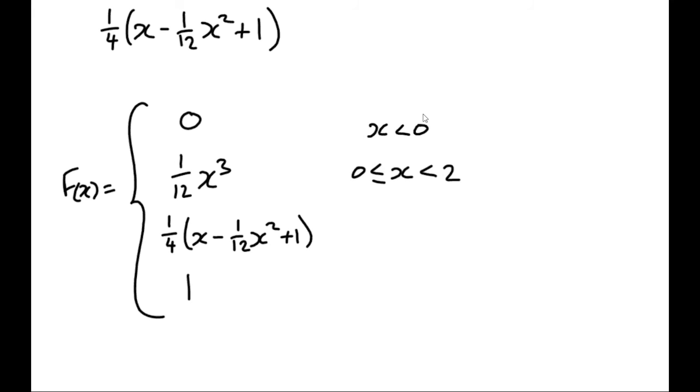Here we have all the x values in between 0 and 2, all the x values in between 2 and 6, and finally we describe the probability as 1 for all x values greater than 6. And this final statement is the complete cumulative distribution function and will be worth the marks in the exam.